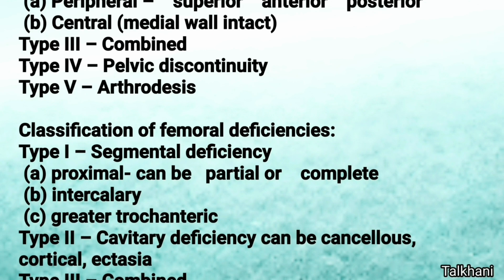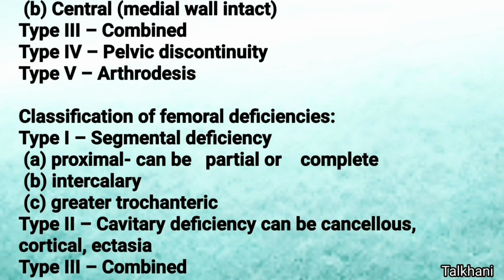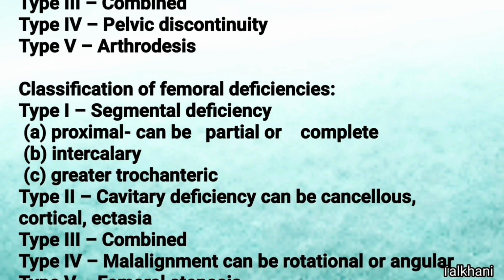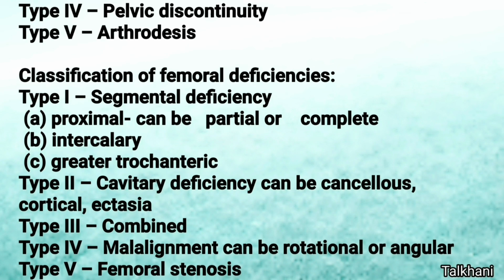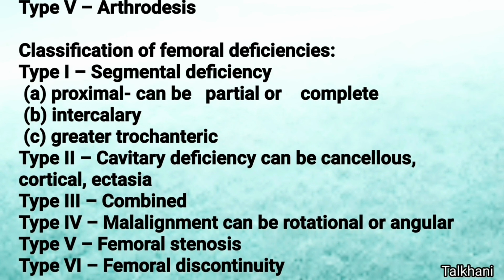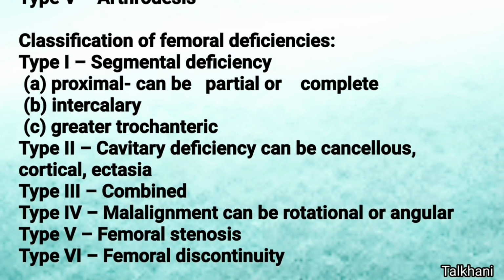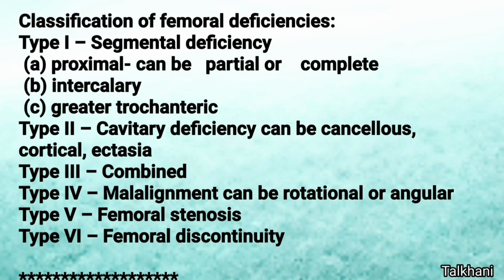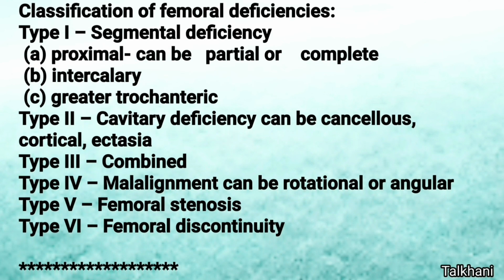A, peripheral cavitary deficiency can be superior, anterior, or posterior. B, central cavitary deficiency with intact medial wall. Type 3, combined segmental and cavitary deficiency. Type 4, pelvic discontinuity. Type 5, arthrodesis.